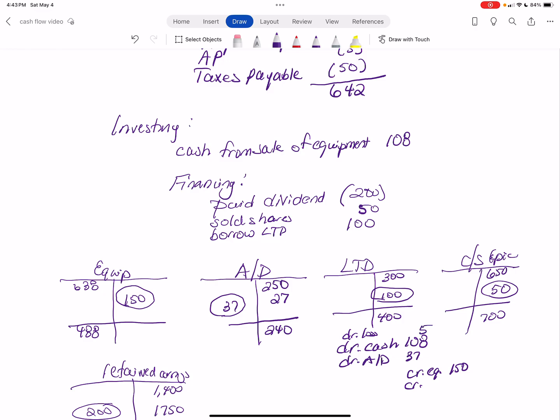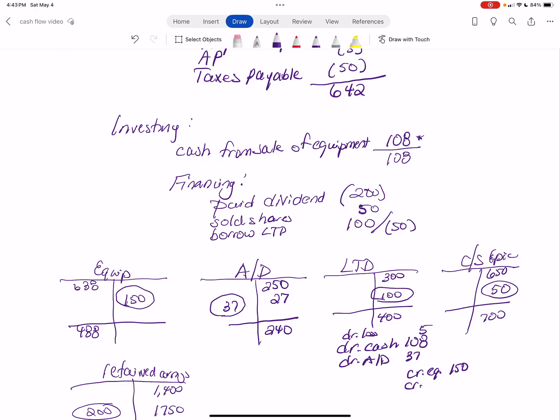So let's double check ourselves. Does 108 plus 37 plus 5 equal 150? It does. So we know nothing else happened. So that's up, the 108 we have up here is all we need. So we've got a total cash in of 108 from investing, total cash out of 50 from financing.